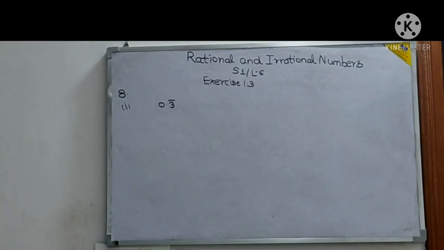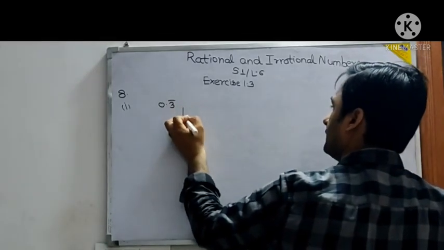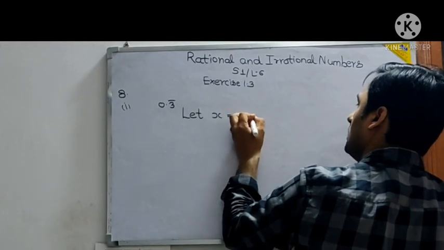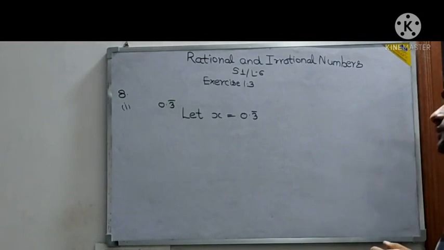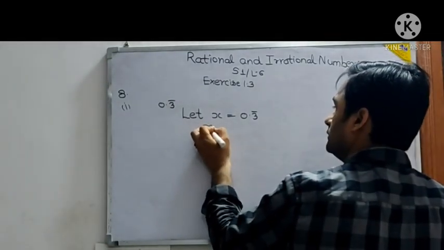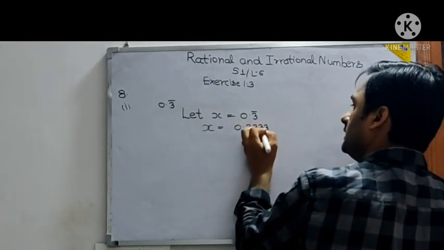So first we assume that it is equal to x. Yes or no? So let x equal 0.3 bar. Bar is also expressible as dots. So x equal to 0.3333 dot dot dot.